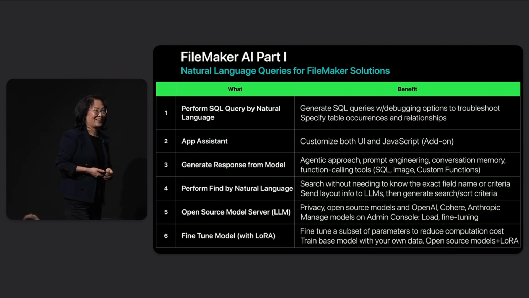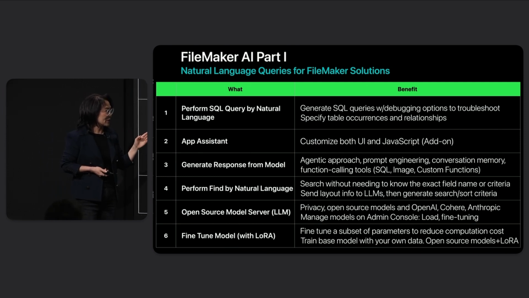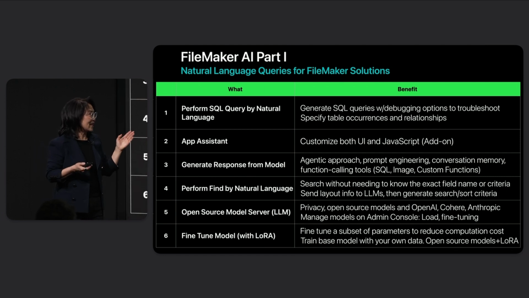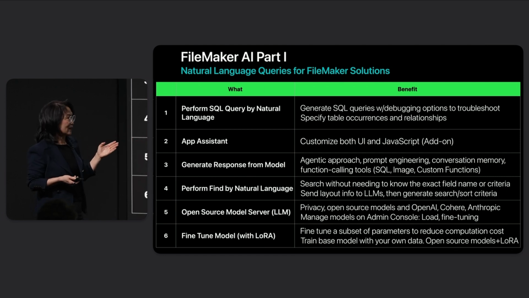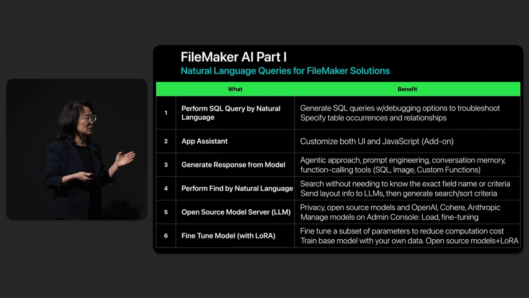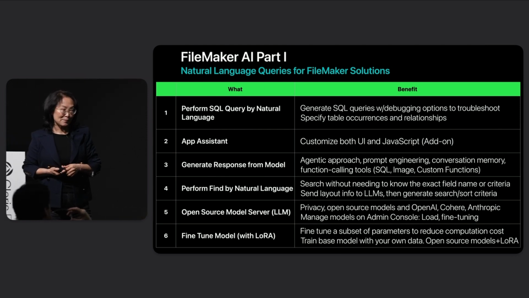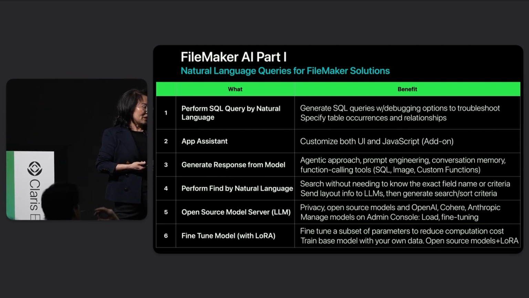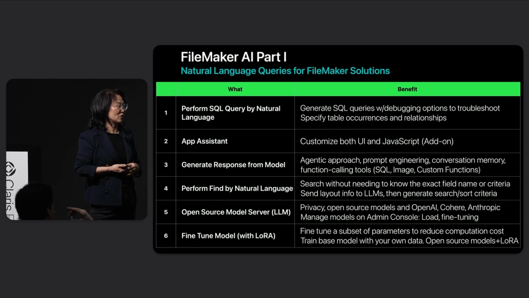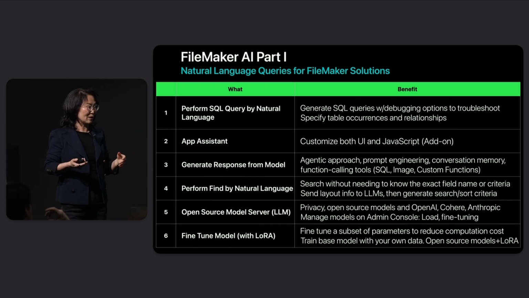Number 4, I can't wait for you guys to try that and come back next year: Perform Find by Natural Language. It sends layout information to an LLM, which then generates search and sort criteria. So you and your customers can search without the need to know the exact field name or the search criteria. For example, your sales department wants to know the top 10 deals for the quarter.